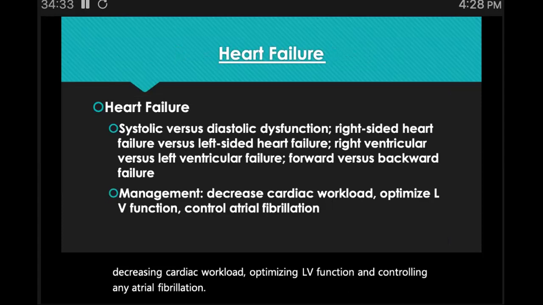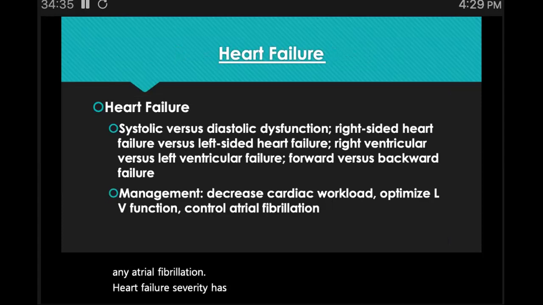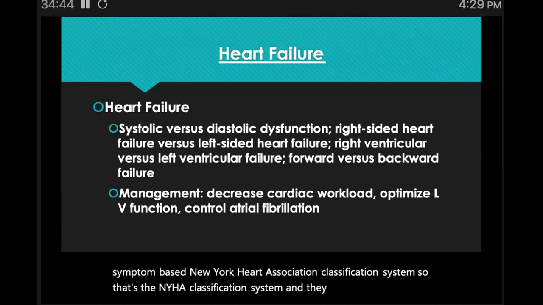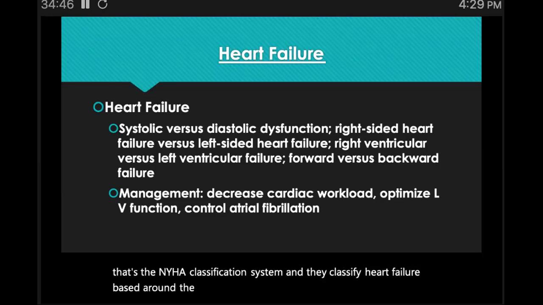Heart failure severity has traditionally been described with the symptom-based New York Heart Association classification system. So that's the NYHA classification system, and they classify heart failure based around the severity. It's basically 1, 2, 3, 4 levels. Level 1 is patients that are asymptomatic with heart failure, so they're at the very beginning.